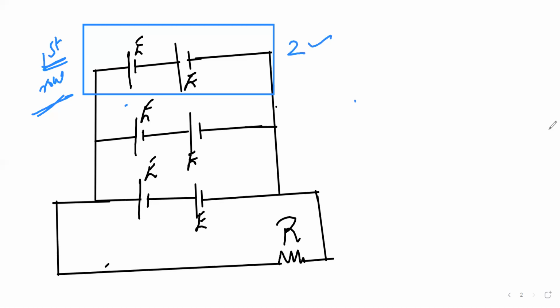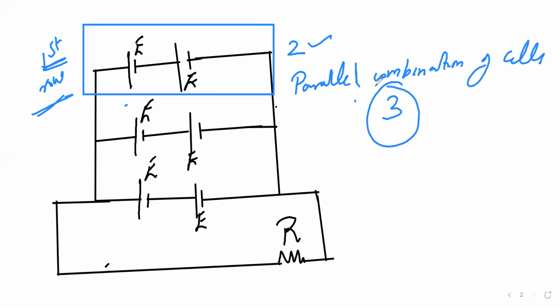So similarly, in the second row, we got 2 cells. Third row, 2 cells. But totally, how many combinations are in parallel here? 1, 2, and 3. Correct? What is a parallel combination of cells? 3. Do you agree with me?